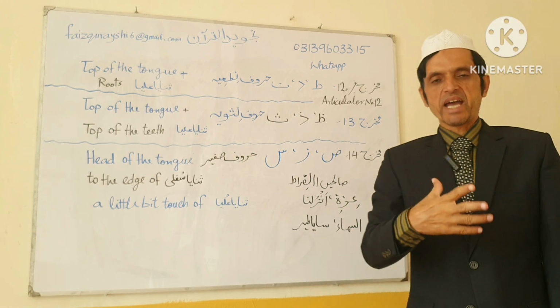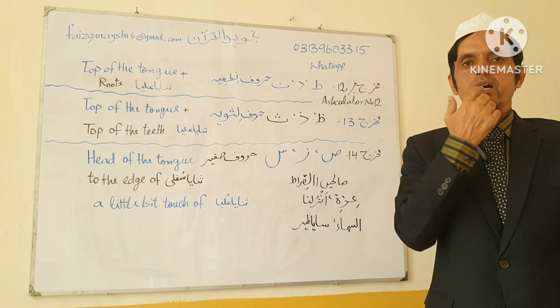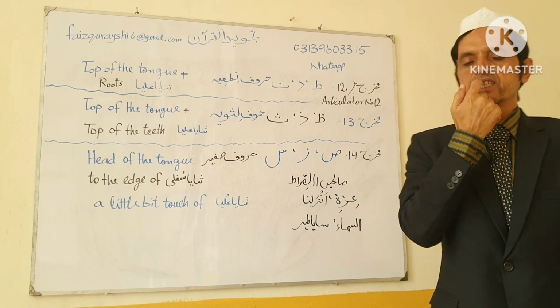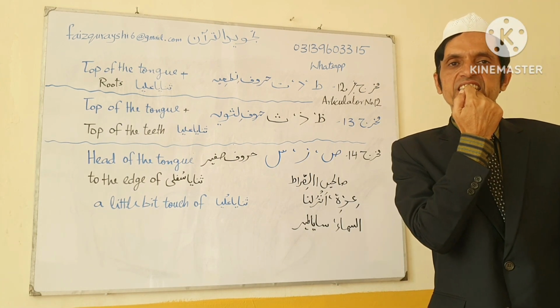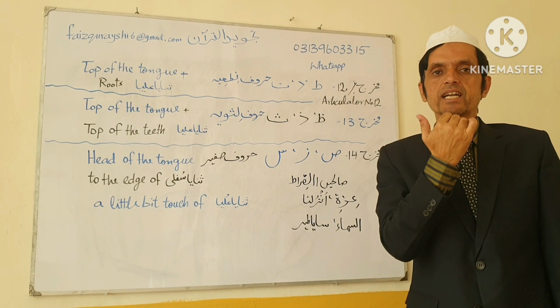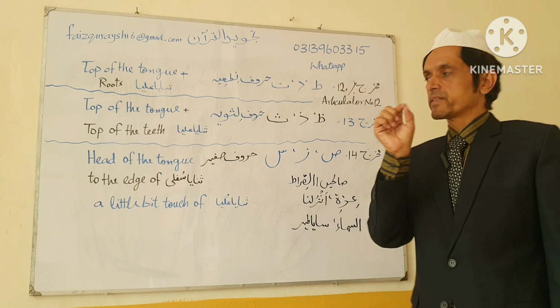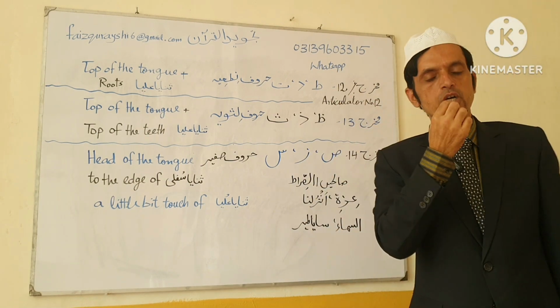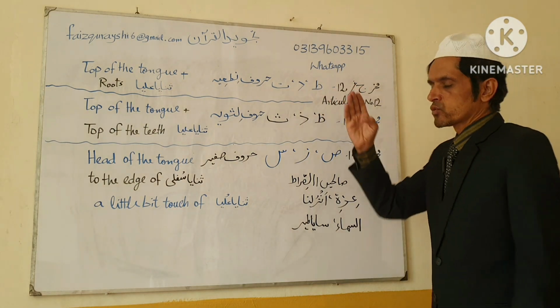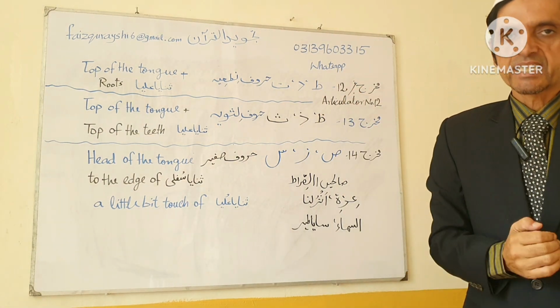You practice ta, the top of the tongue to the roots of these two front teeth, and they are called front teeth, upper teeth. So they are called thanaya ulya. When the top of the tongue touches the roots of these two teeth, we articulate ta, dal, ta.